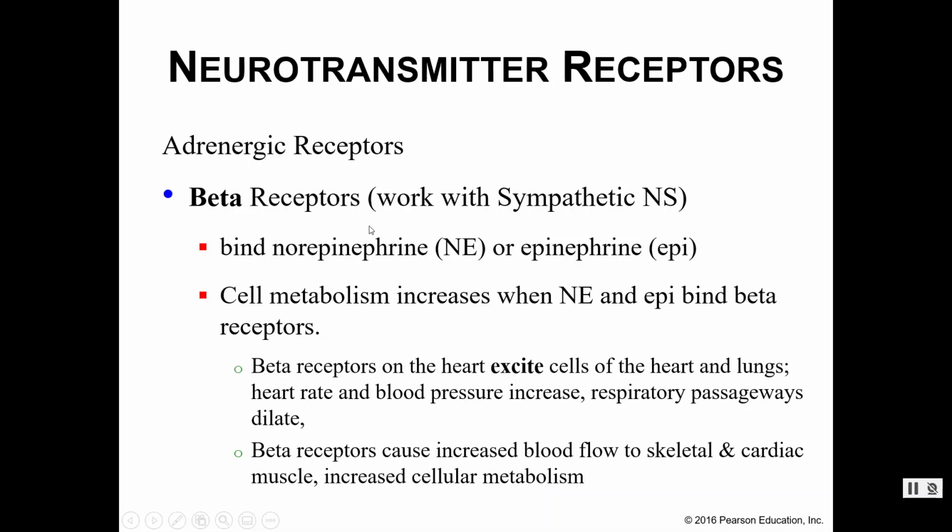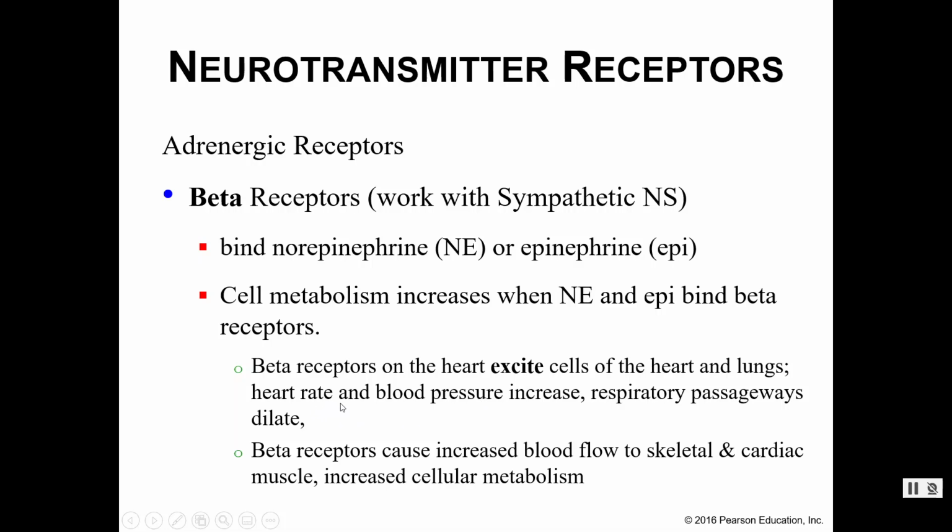All right, beta receptors also work with your sympathetic nervous system. Because they're adrenergic, again, we're going to bind to epinephrine, norepinephrine. When we bind the epi or the norepi, we have increased cell metabolism here. Beta receptors are also going to excite the heart cells, lung cells.